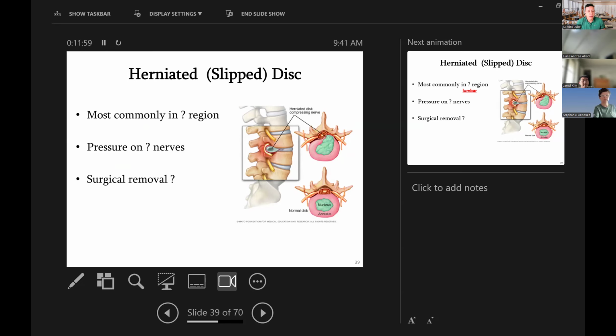And the reason why is because most of the weight of the body and whatever it is that you are carrying is going to be loaded on our lumbar region. Okay, and this is why this is usually where herniated discs happen. Now, what is exactly a herniated disc?